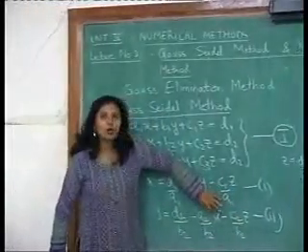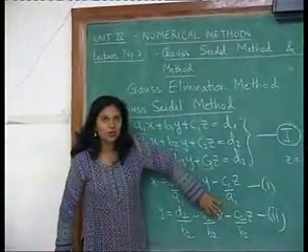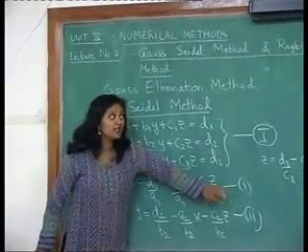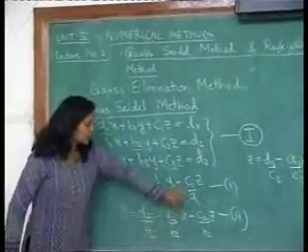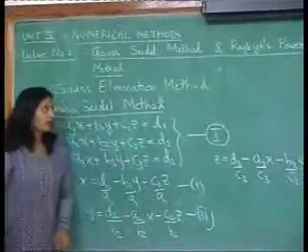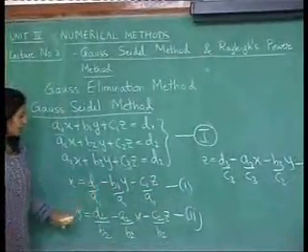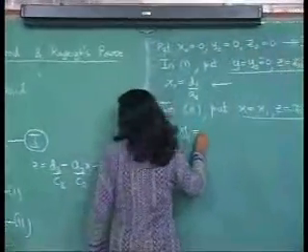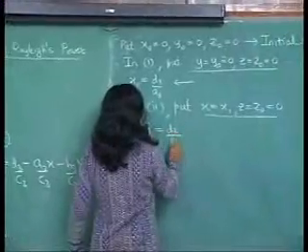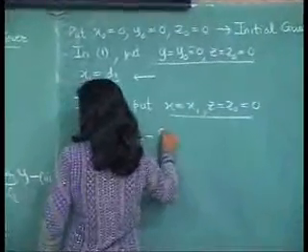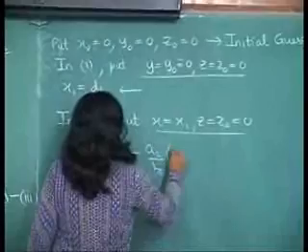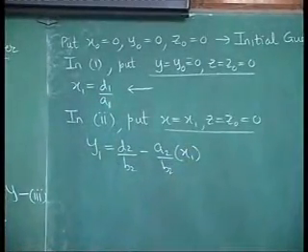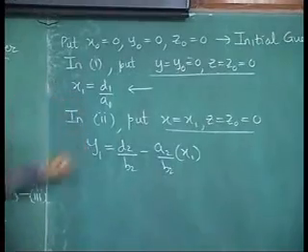The latest value of x available to us is x1, and the latest value of z is still z naught. From there I will get the value of y1. y1 will work out to be d2 upon b2 minus a2 upon b2 into x1, because z naught is 0. Now I know x1, I know y1.